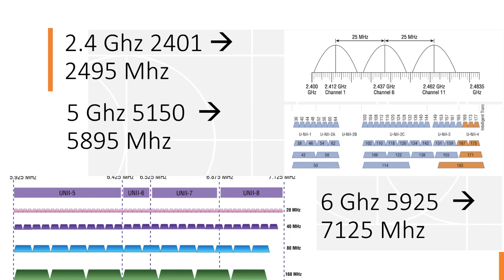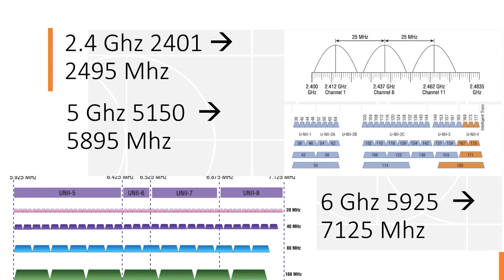That's why you have very limited bandwidth on the 2.4 gigahertz. This band is very crowded because it's an unlicensed band, used by amateurs, different appliances, and the microwave. It is very prone to interference, while the other bands are a little bit cleaner and offer a bigger bandwidth. When you have more bandwidth, you can get higher speed.